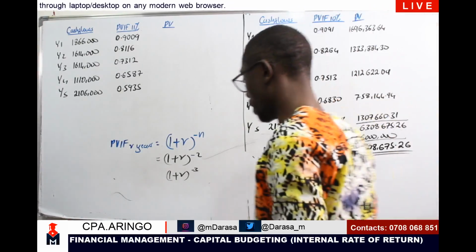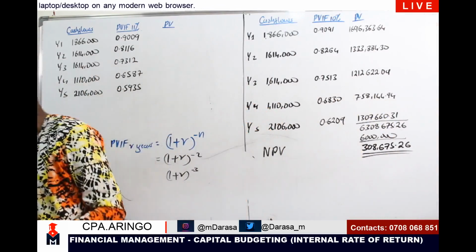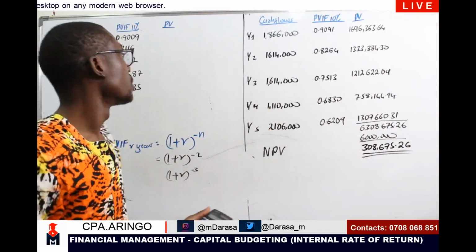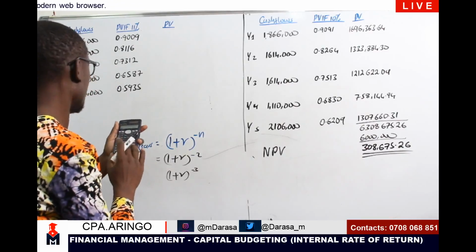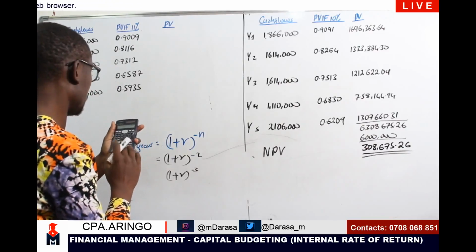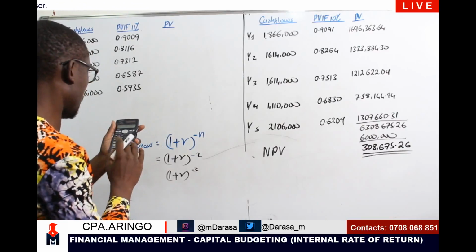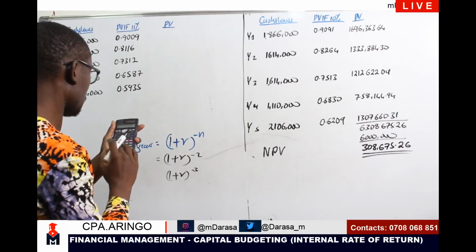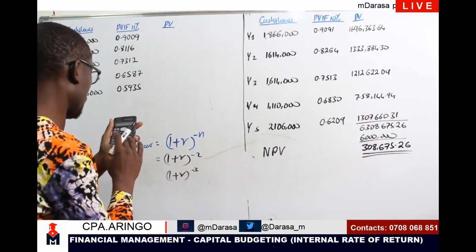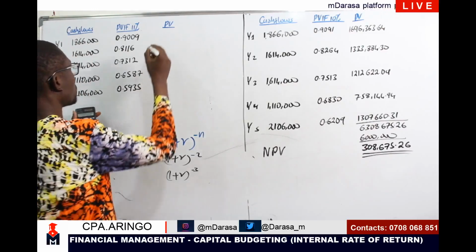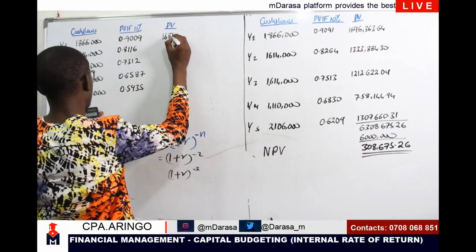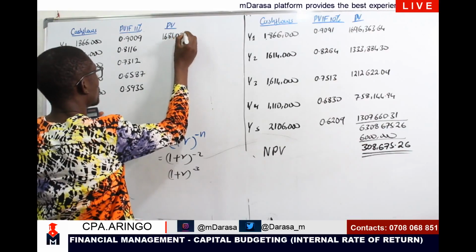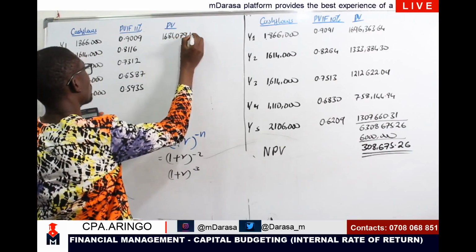Now, the moment you are done with that, the next thing is to determine our present value. The first case, I should be having 1,866,000 times 0.9009. This should give me a figure of 1,681,079.4.